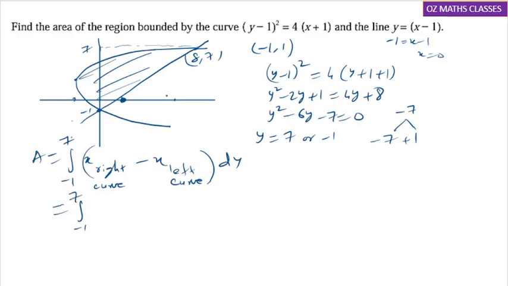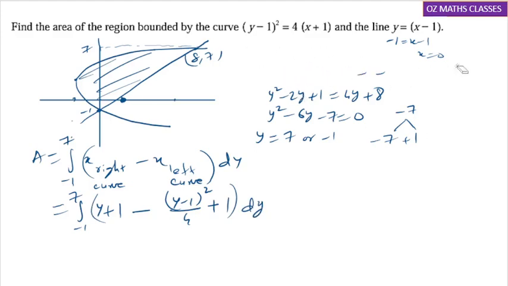For the right curve, x equal to y plus 1. For the left curve, x equal to (y minus 1) square by 4 minus 1. Minus minus multiplies to give plus 1, dy. Okay, the work for this is done now, and I will erase it.